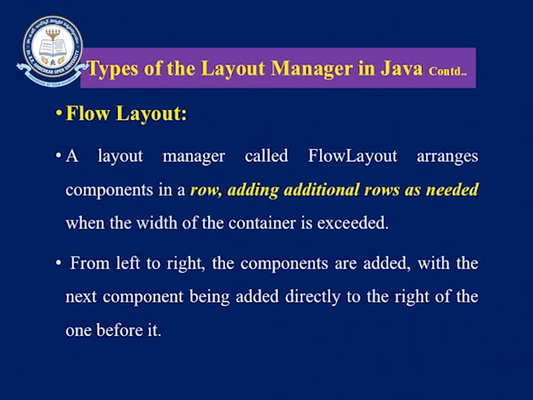Second category of layout is flow layout. So, this is one of the layout managers, and it is used to arrange the components in a row, adding additional rows as needed. In simple terms, the components are added row wise, first row, second row, third row, fourth row, like that in this layout manager.